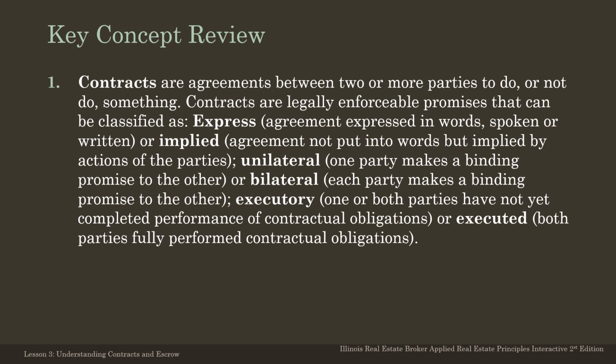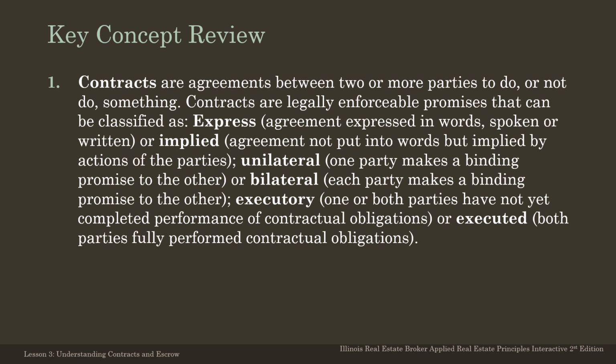First area that we want to review again when we talked about contracts is express contracts and implied contracts. Almost from our very first chapter, we talked about express contracts that are expressly stated in written form or spoken in words.